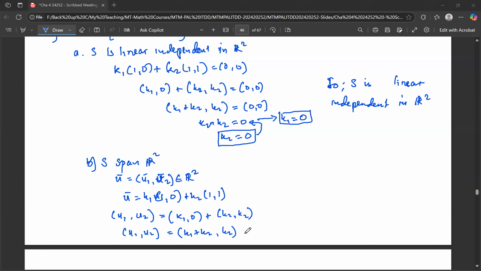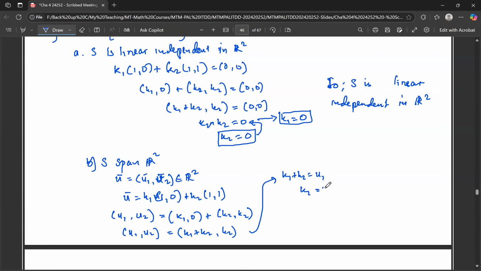Now (u1, u2) equals (k1 plus k2, k2). Then we have two equations: k1 plus k2 is equal to u1, and k2 is equal to u2. We have k2 here, and then substitute k2 in the first equation.